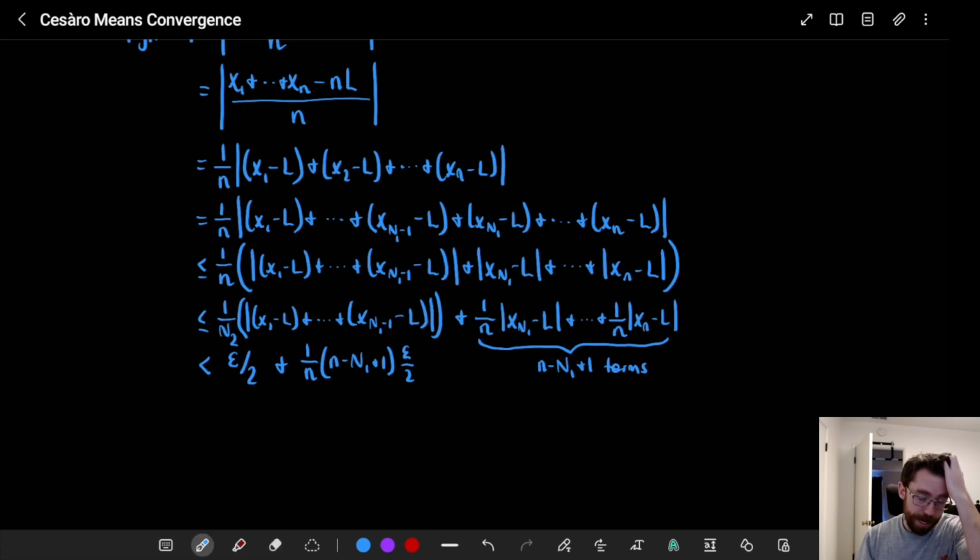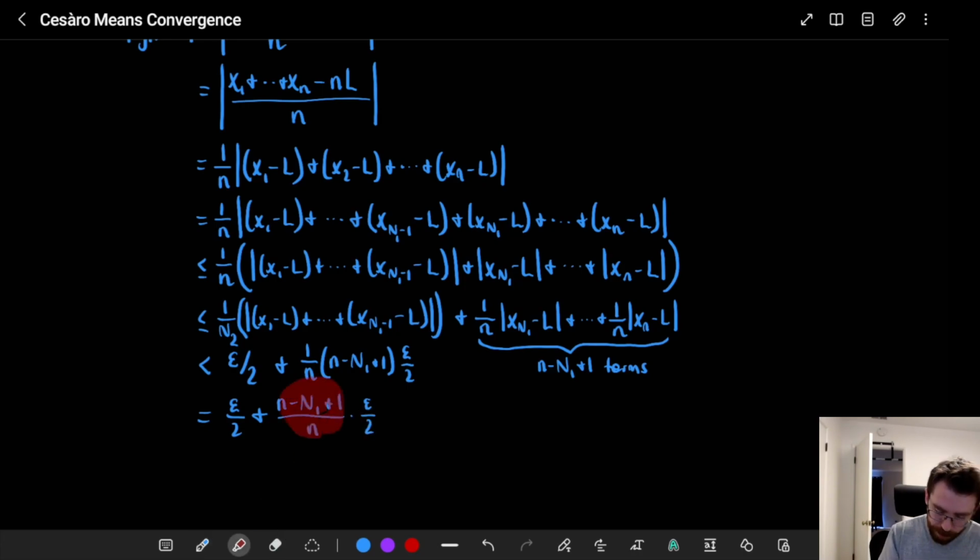Well, we're in the home stretch. It's not too bad. This becomes epsilon over 2. I'll keep that. And then this is n minus N1 plus 1 over n times epsilon over 2. It turns out this quantity is less than, or I guess I should say less than or equal to, 1.